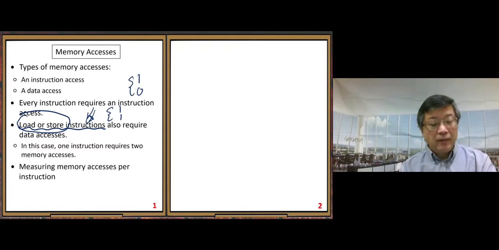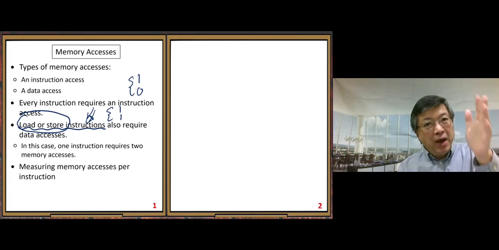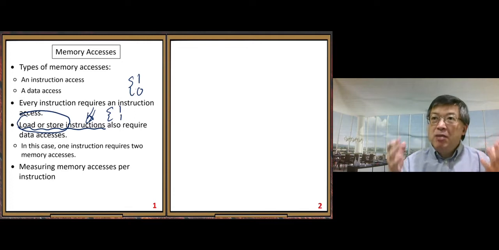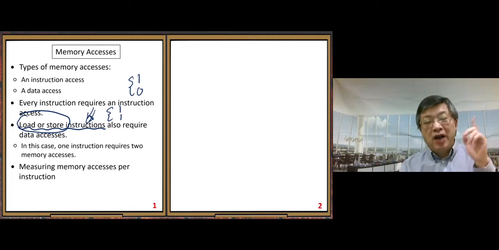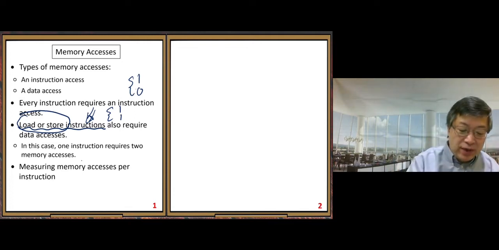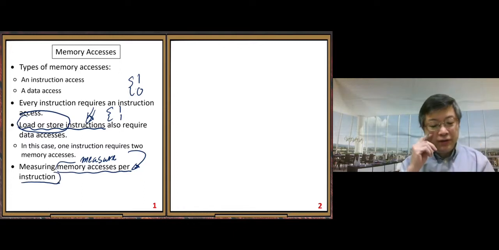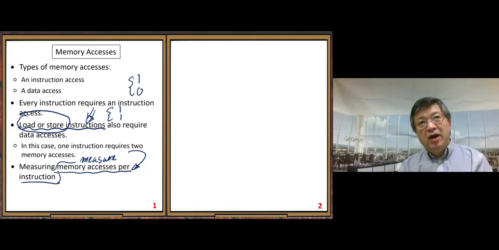Next, measuring memory accesses per instruction. Now we need a measure. A commonly used measure is called memory accesses per instruction. The name is long, and the whole thing is the name.